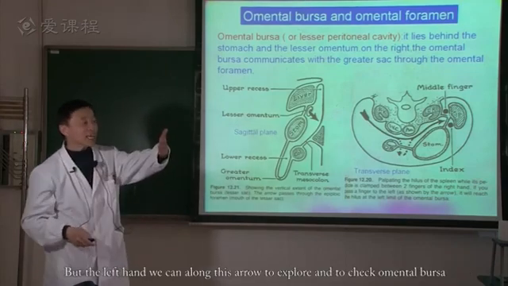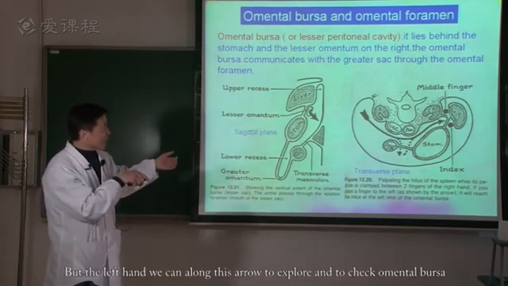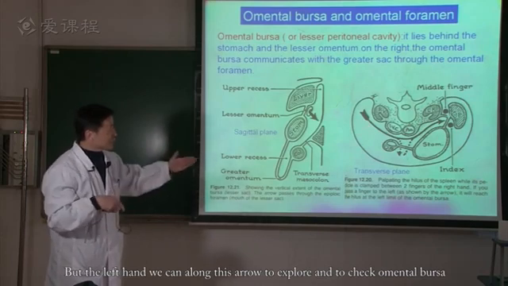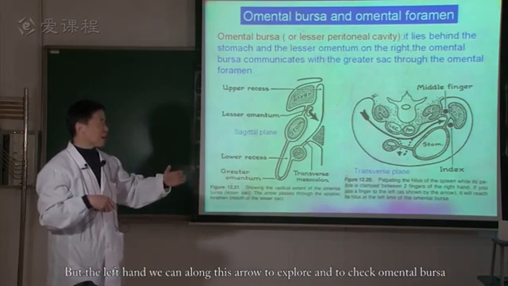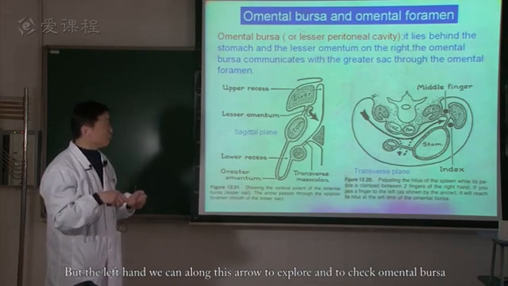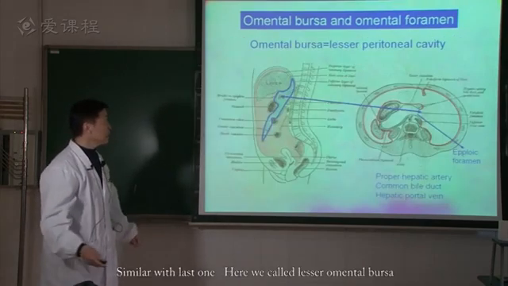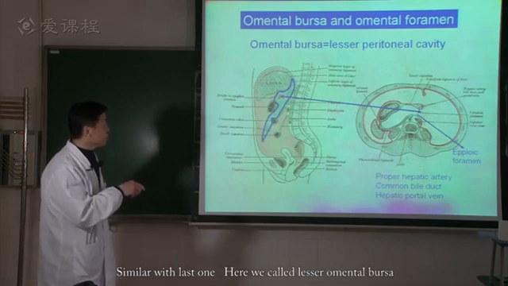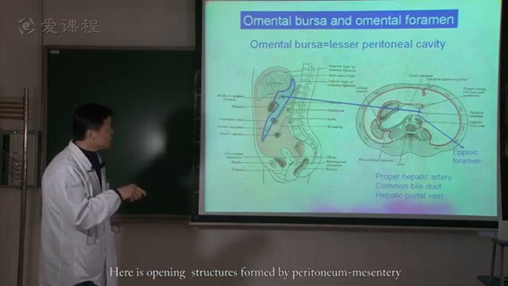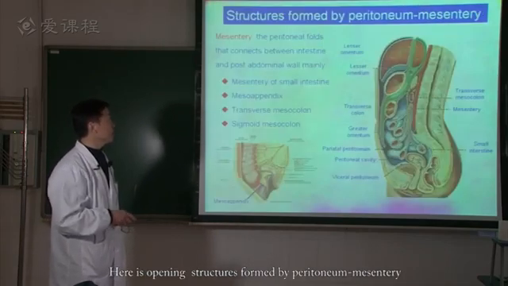With the left hand, we can use this arrow to explore and check the omental bursa. Similar to the last one. Here we call the lesser omentum, omental bursa. But here it's the opening, similar to the last one.